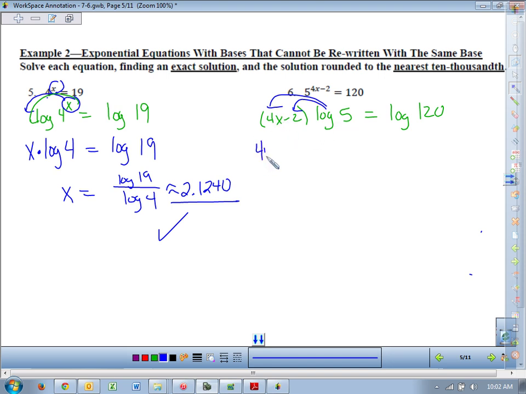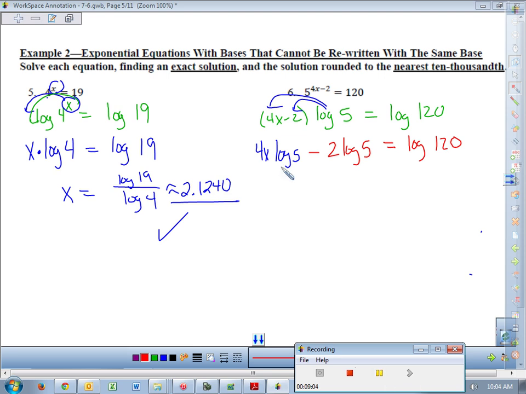Wouldn't it be 4x log base 5 minus 2 log base 5? I distributed that. That equals log of 120. Is everyone cool with me distributing log of 5 through there? Yes, no, maybe? Okay.